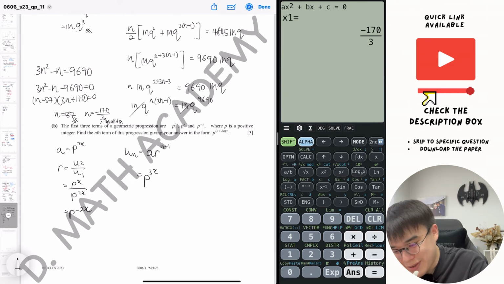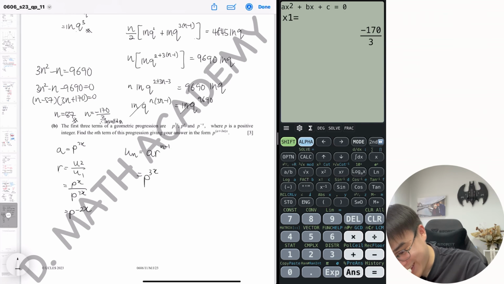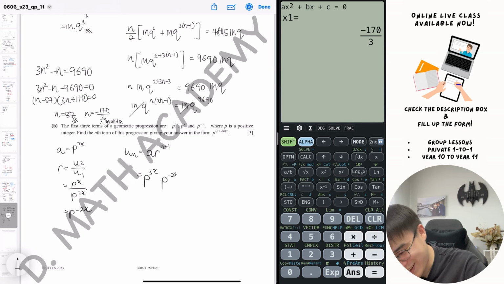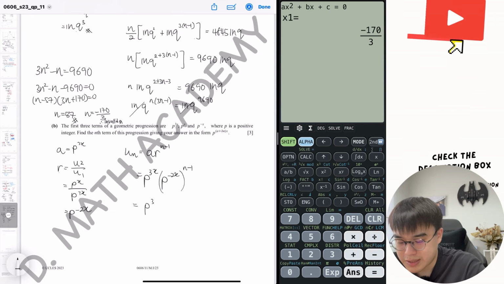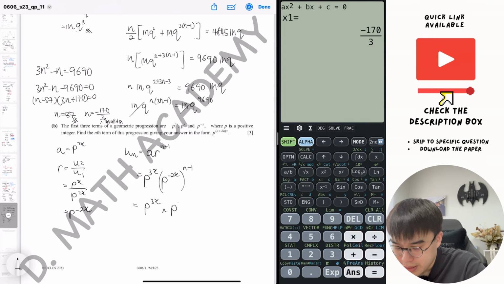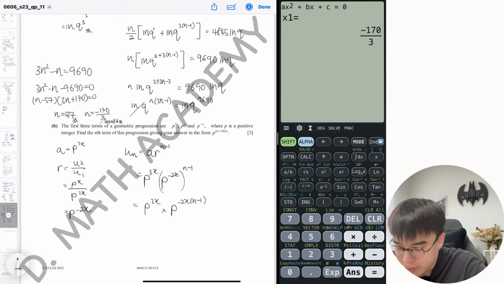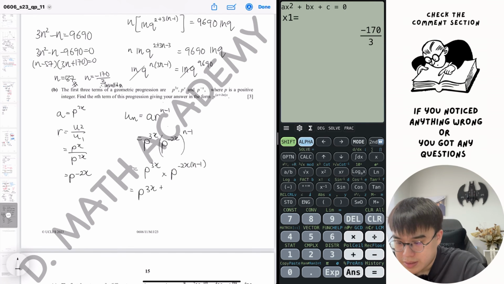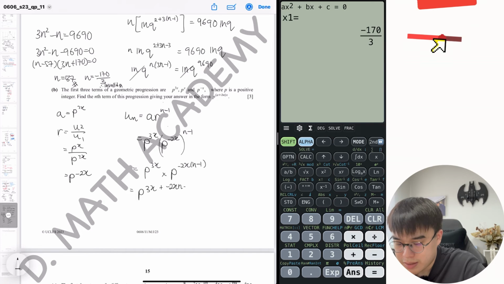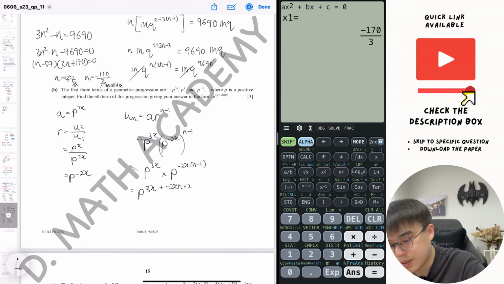Wow, they keep on testing me on indices. My brain is cracking right now. So p to the negative 2x, and then with an n minus 1 outside at the power section. So since they are the same base, please take note that it will be multiplied in like this, and 3x plus negative 2x and minus or plus 2x now.